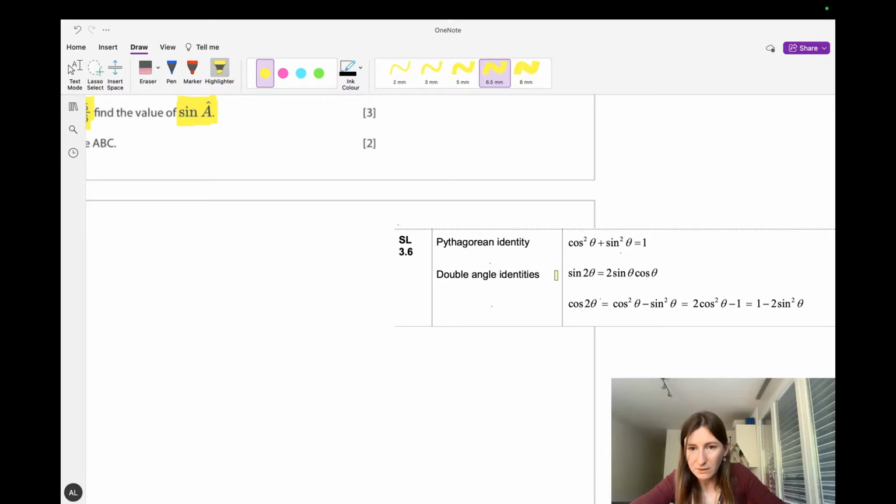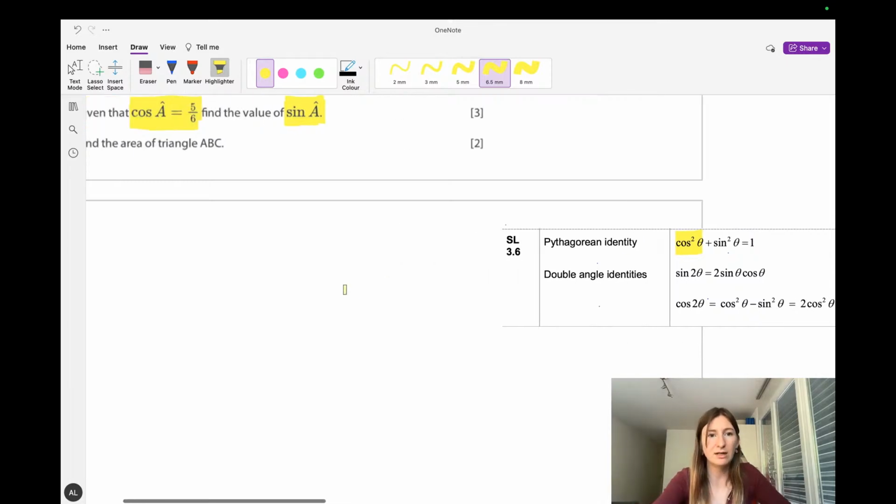Here, sine squared theta, cos squared theta. Well, I have cos theta, not squared, but cos theta. And that has sine theta in it as well. So if I can input this, I can figure out this. It's just like one variable that I don't know. None of these would work because they're for the double angle identity. So they're not going to help us. So we need the Pythagorean identity.